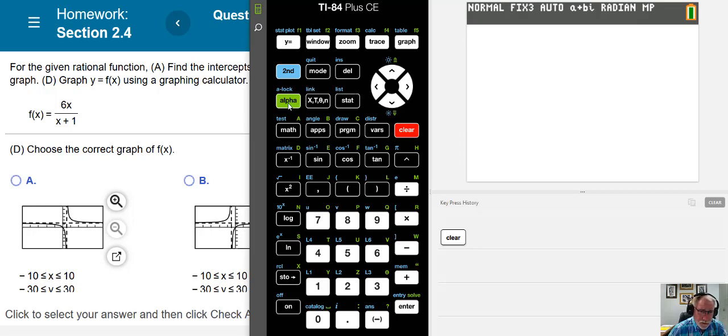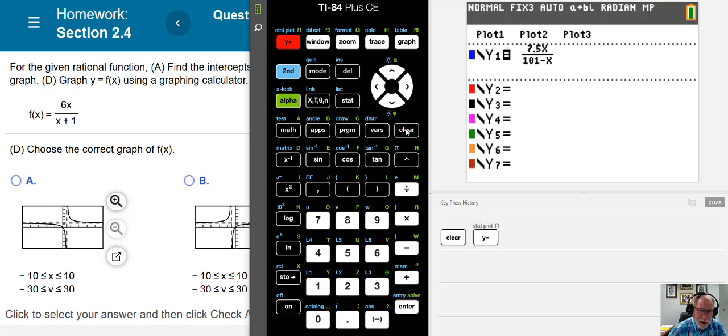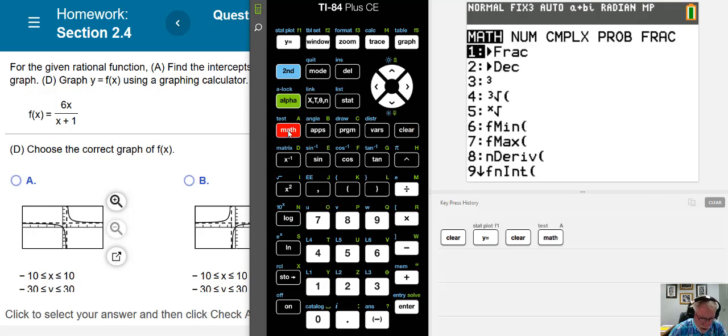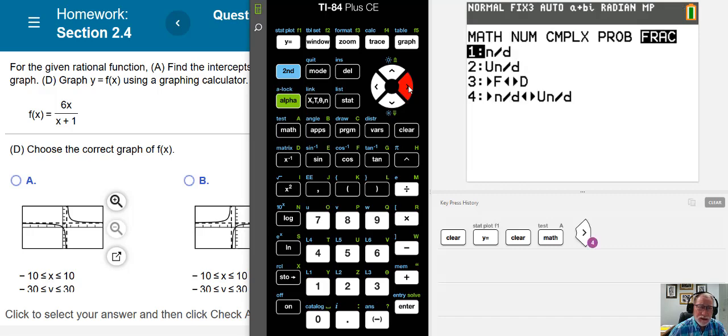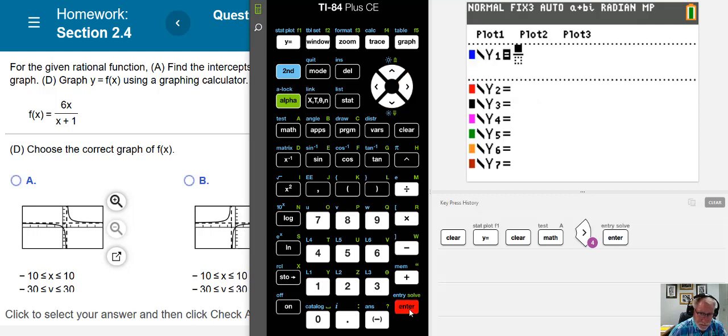So if I go to the y equals key to type in a graph, I want a fraction, so I'm going to go to the math FRAC menu and pick number 1 n/d.